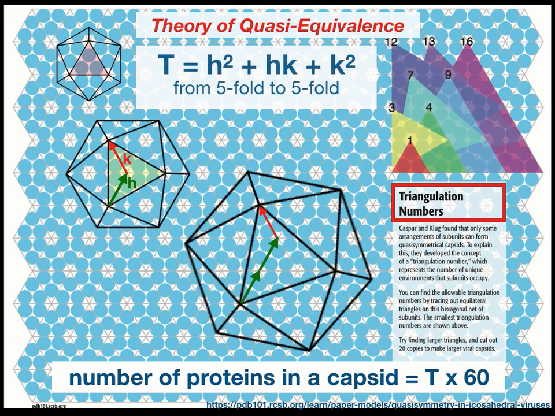So in a virus, each of these blue circles would be a different protein. Now we take an icosahedron, and we're just going to look at one of the sides of this icosahedron. So the side of the icosahedron is a triangle, and then we can make triangles based on this grid. So let's start with the simplest case.